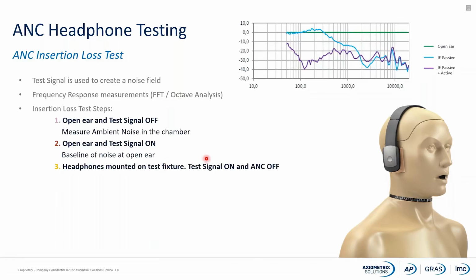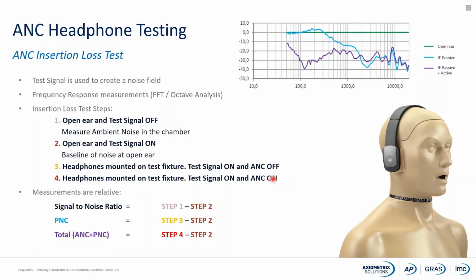The third step would be to mount the headphones on the test fixture. We're going to turn on the reference signal and measure with the ANC turned off. The next step would be the same, but turning on the ANC. And then we're going to calculate the signal to noise ratio by doing the following math.